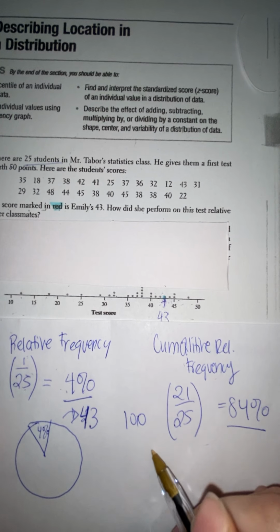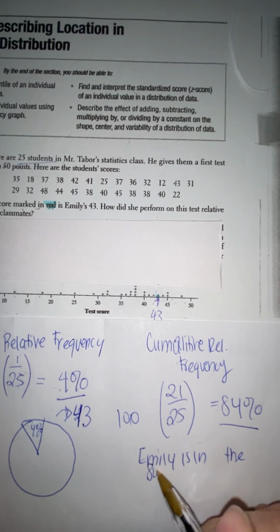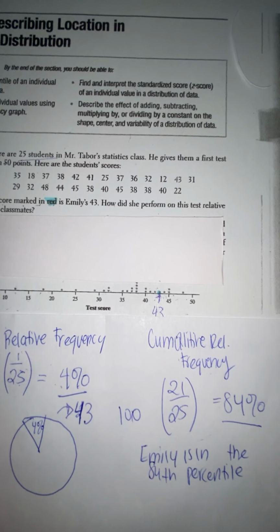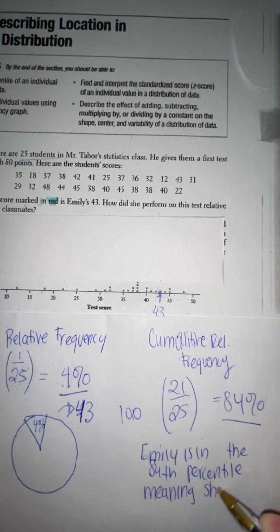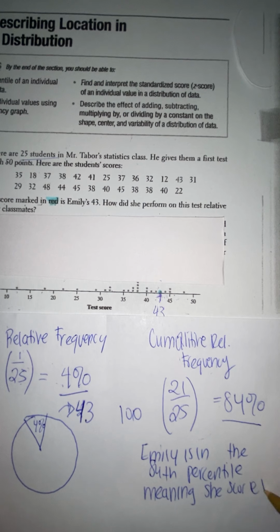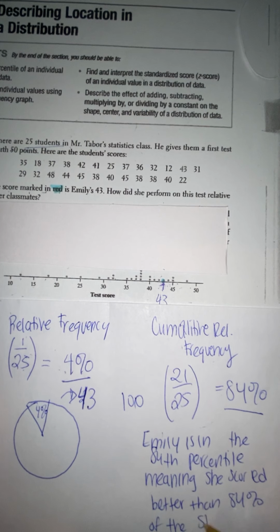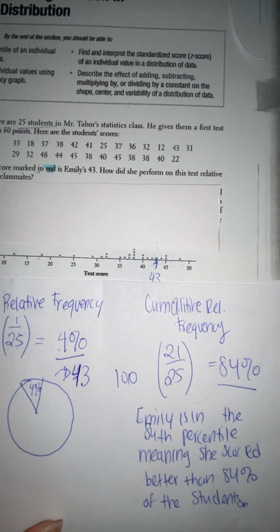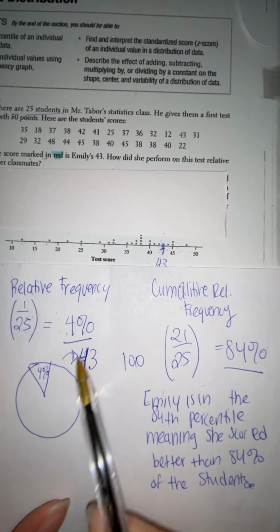You can say that Emily is in the 84th percentile, and you can't just say that. You have to explain what this means. Emily's in the 84th percentile, meaning she scored better than 84% of the students. We can't say that Emily scored 4%.